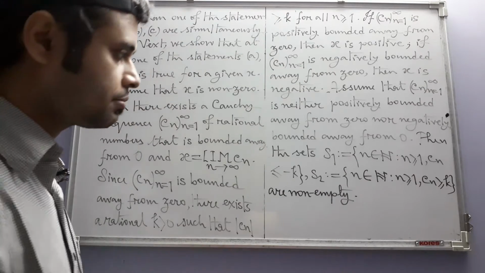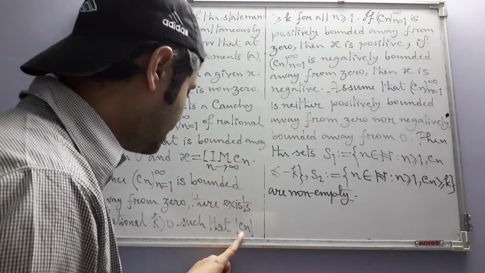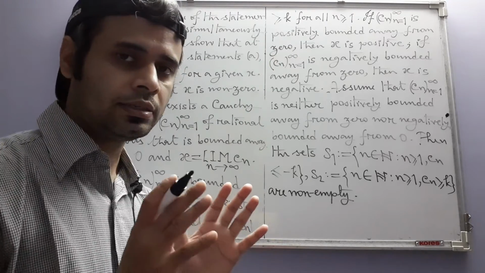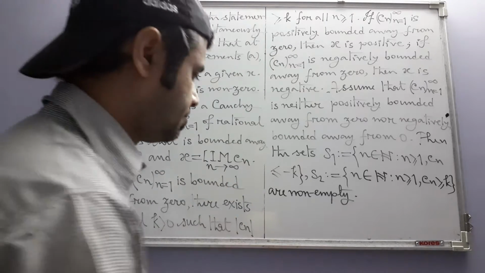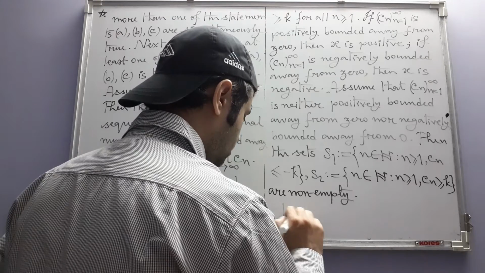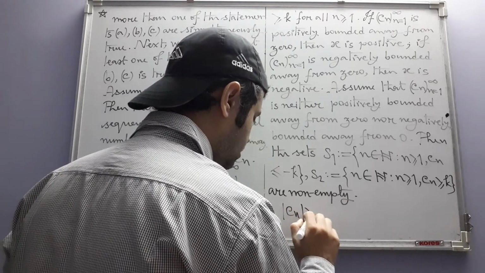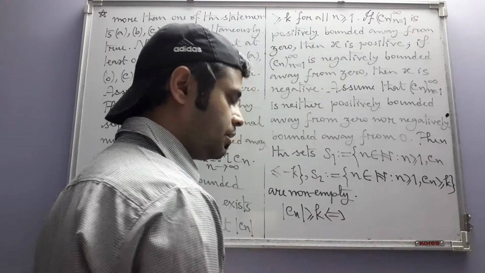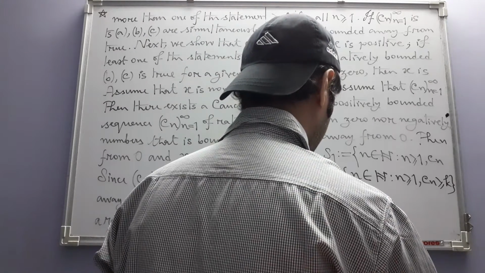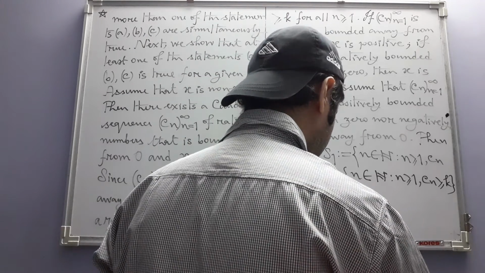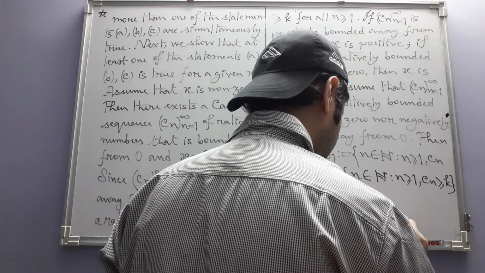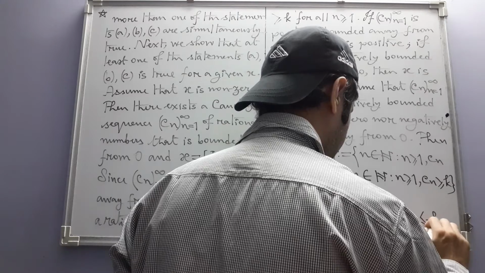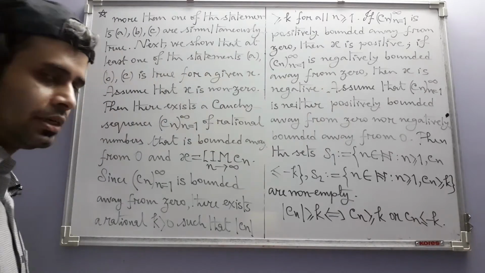Why? Let's look at these inequalities. The absolute value of Cn is greater than or equal to k. Any such inequality is equivalent to two inequalities: either Cn is greater than or equal to k, or Cn is less than or equal to minus k.